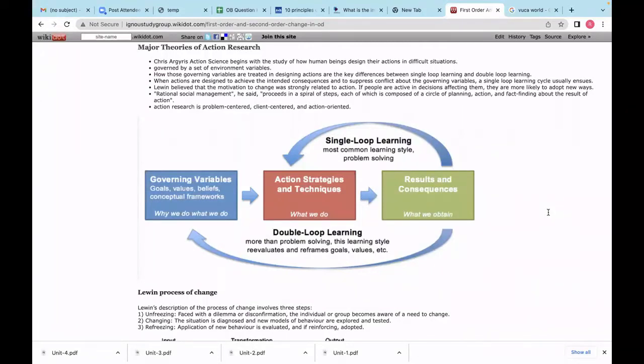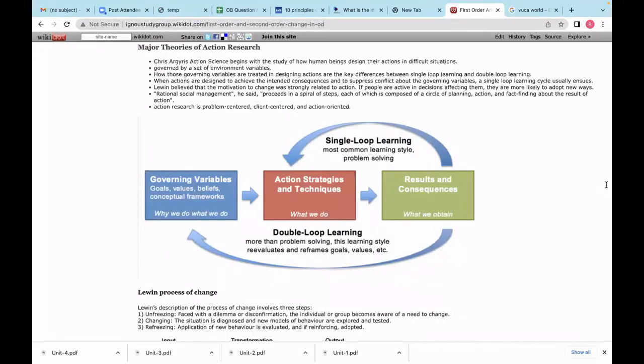This is not working, I need to do it this way. So feedback is only between stage 3 and stage 2. Double loop learning is going to change even the goals. Based on the feedback, you realize that your goal is useless. If I want to achieve this vision, I can't achieve it at all. Let me change my vision. That is double loop.